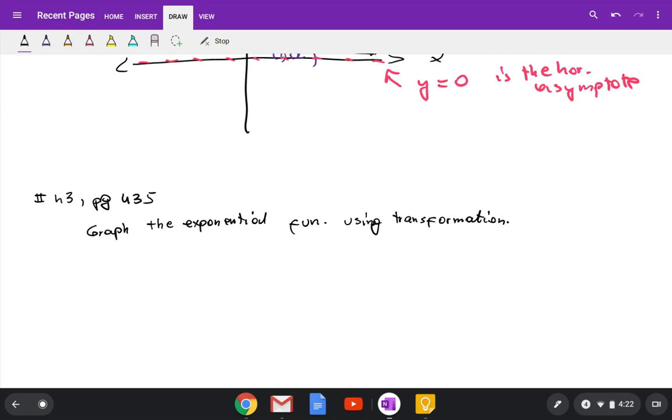So we have f of x equals 2 to the power of x plus 1, and they want you to use transformation. So how are you going to do it? The parent function, which is your original function, will be y equals 2 to the power of x.